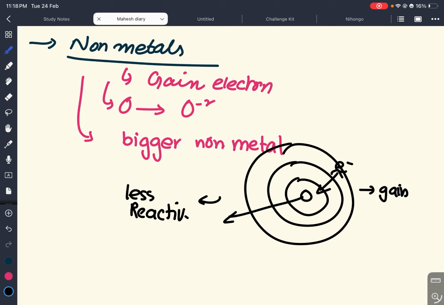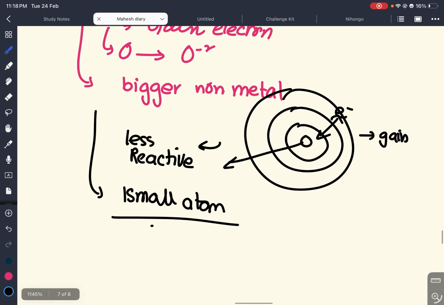So if we have a bigger non-metal, it is less reactive, while if we talk about a small atom of a non-metal, it will be more reactive.